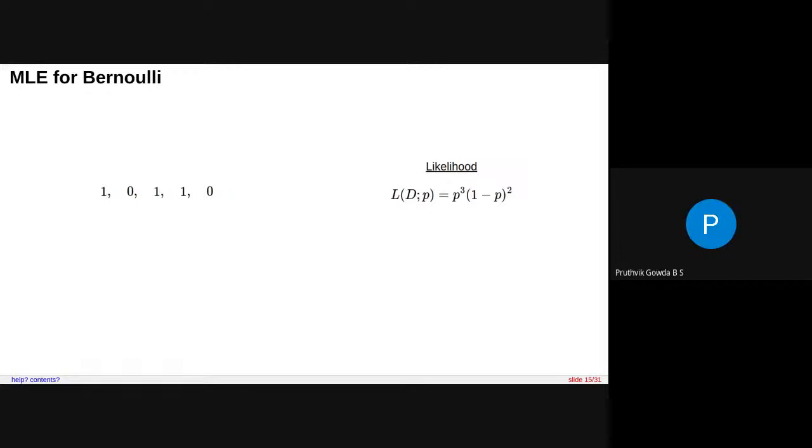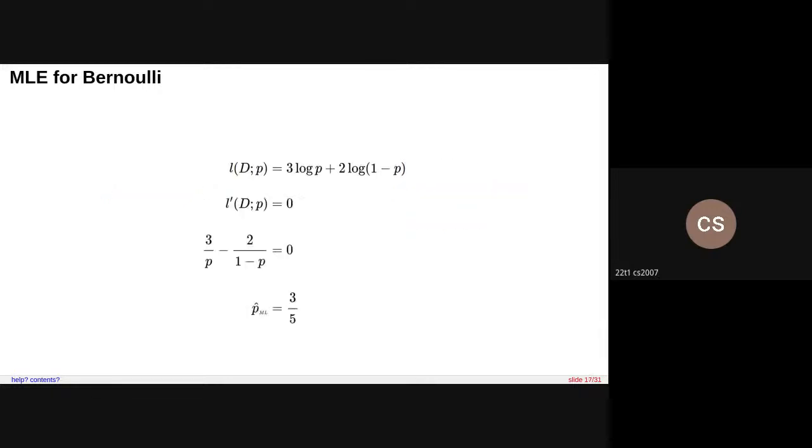As an expression, can you tell me what it will be? 3 log P plus 2 log 1 minus P. That is right. Now, if you differentiate it with respect to P, this is what you get.